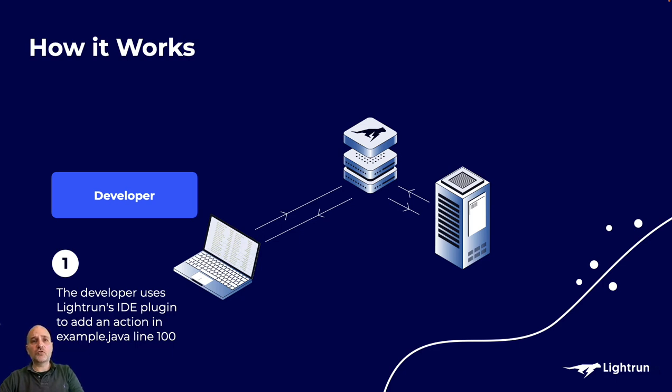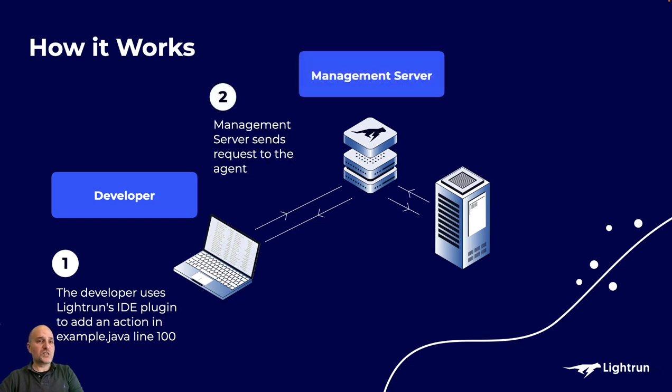Notice that the Lightrun server can be installed in the cloud as a SaaS or on-premise and managed by ops. The management server sends everything to the agent, which is installed on your production or staging servers. This means there's clear separation between the developer and production. DevOps still has that guarding line.